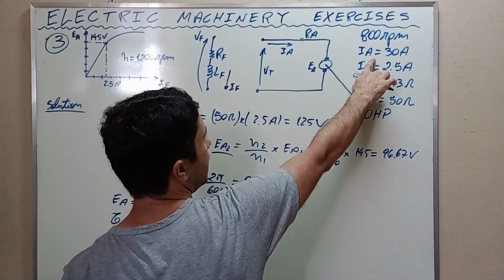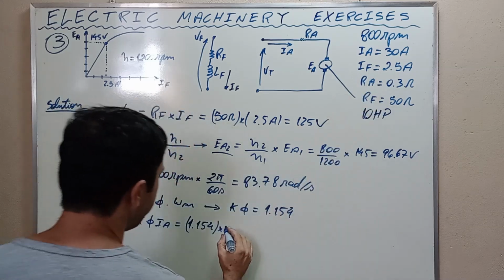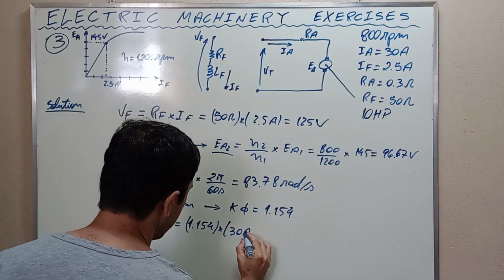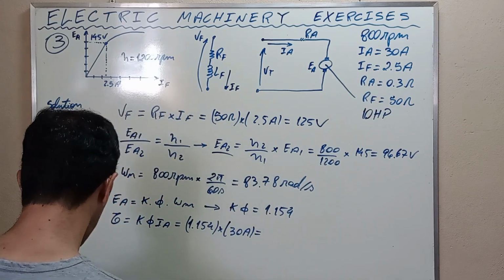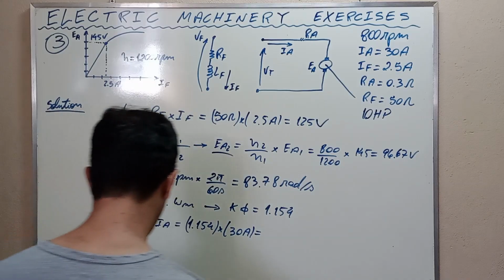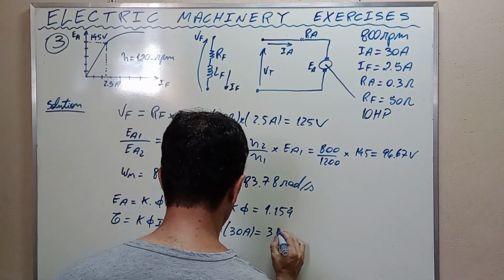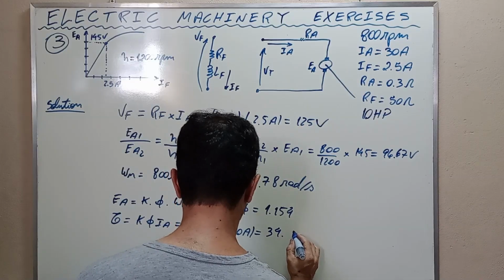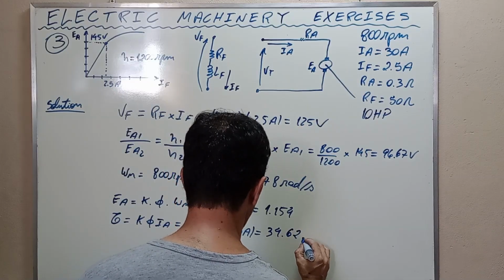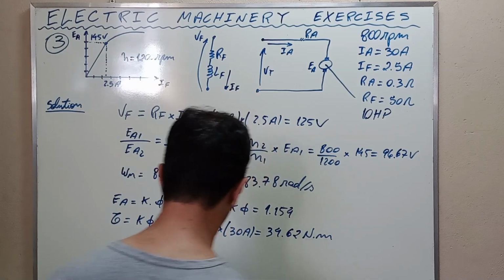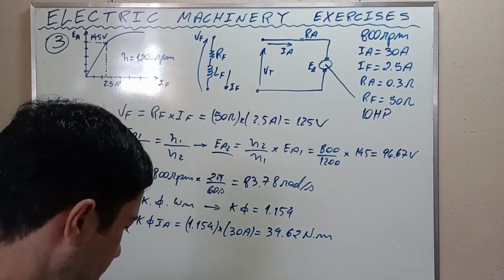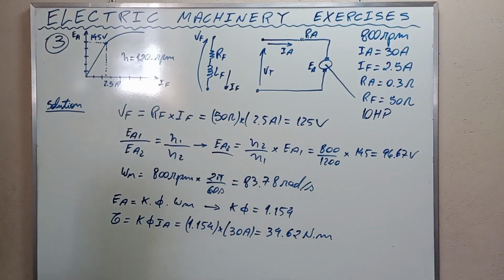The exercise gave this value, IA is 30 amps, and this is equal to a torque of 34.62 Newton meters, okay? This is the torque developed by the machine, okay?